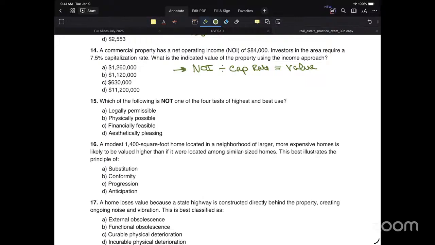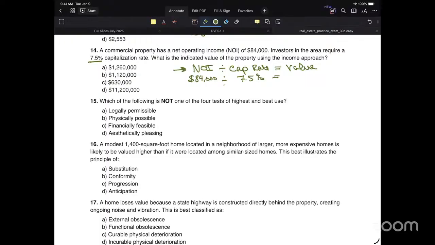So now let's fill it in. It says the NOI is $84,000. We're dividing that by the cap rate, which we were told is 7.5%. So I'll put that in my calculator. 84,000 divided by 7.5%.